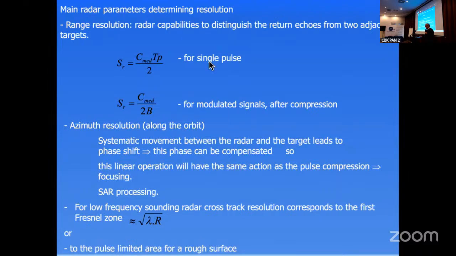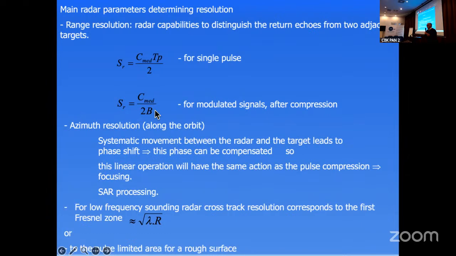It's important. For a simple impulse, the resolution is given by this formula: the velocity of light, which is different inside the medium than in the air, and the duration of the signal. Or for the modulated signal, as you can see, it is divided by the bandwidth of the signal.